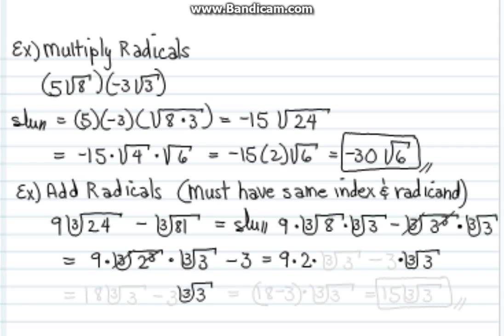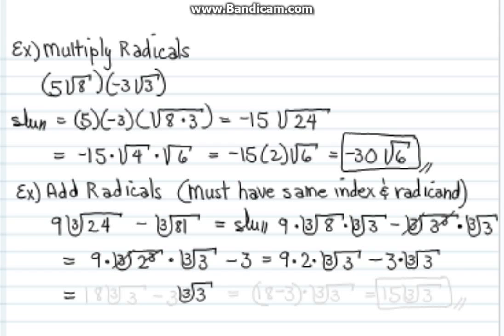I'm missing a cube root of 3 before the equal sign there. Please put that in. I should have 9 times the cube root of 2 to the third times the cube root of 3 minus 3 times the cube root of 3. And then I would have 9 times 2 times the cube root of 3 minus 3 times that cube root of 3, which I forgot to put before the equal sign.